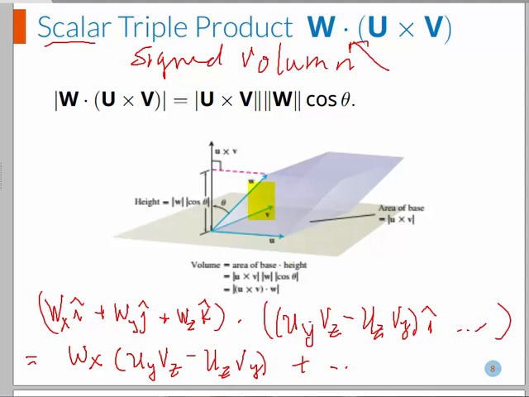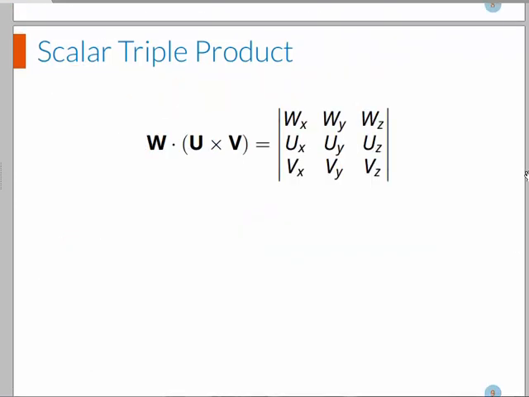I'm not going to write out the rest of these terms, but the conclusion from this is that, just like in the previous case, the answer here is the determinant of a 3 by 3 matrix. But in this case, instead of having i, j, k in the top row, we have Wx, Wy, and Wz. So here's your matrix for your scalar triple product.